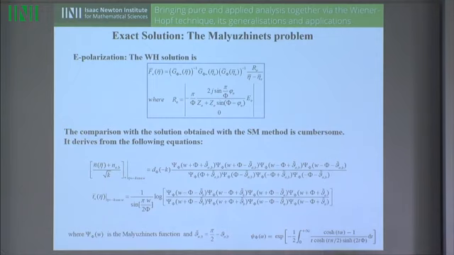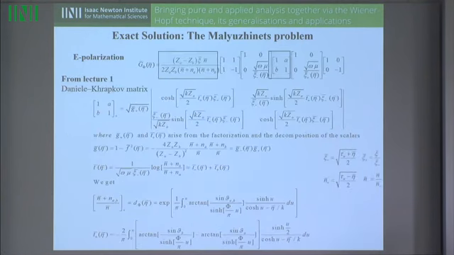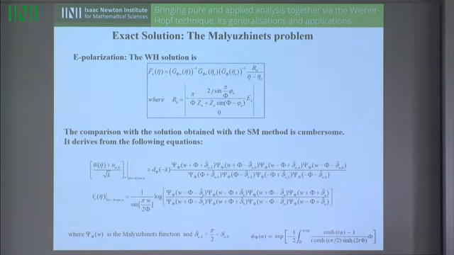a comparison with the solution given in the Sommerfeld Malyuzhinets paper, when the solution is given in closed form, we have to rephrase some of the factorization terms reported here using the Malyuzhinets function.